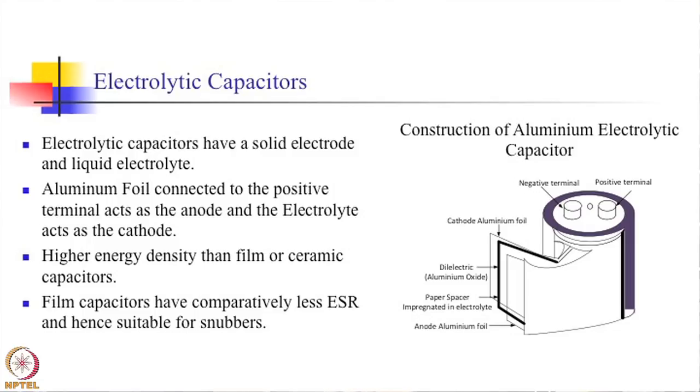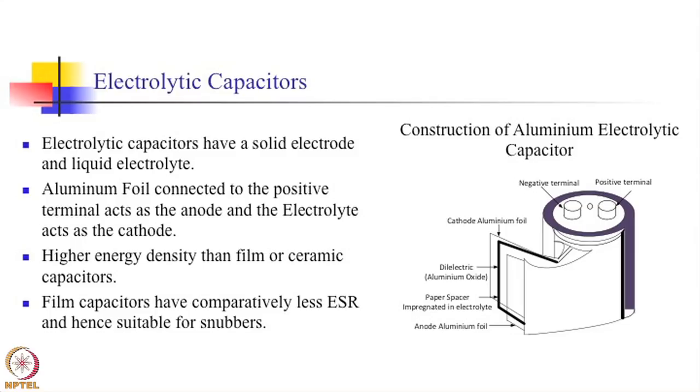You cannot choose the terminals for plus and minus arbitrarily. There is a fixed positive terminal and a fixed negative terminal. So these are what are called polarized capacitors, and they are used basically for DC circuits because of this.